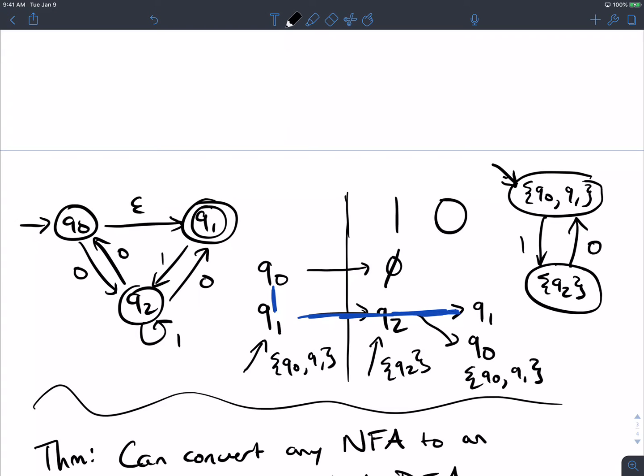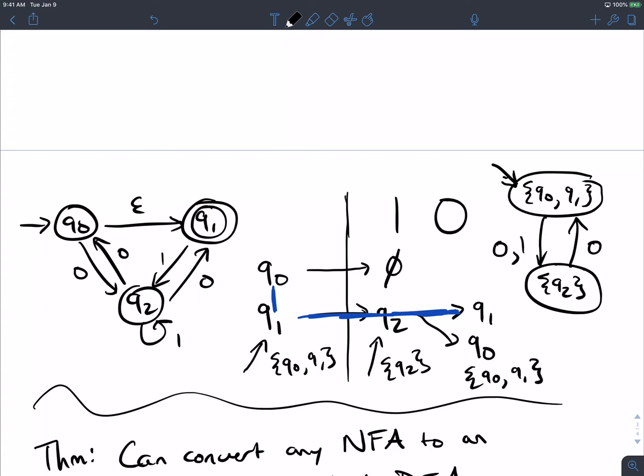So we can reach Q2, that's fine. From Q1, where can I reach from input 0? Let's see. Well, I can reach Q1. Oh, sorry, I'm not paying attention. So I can only reach Q2. Have we made that state already? Yeah, so in fact, we can just put a 0 on this transition and we're done with that part.